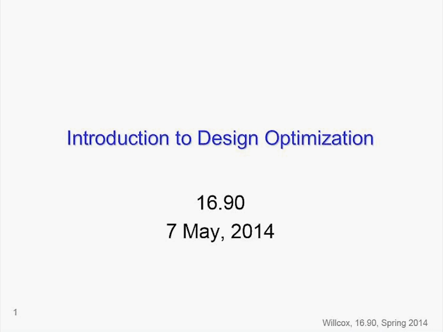And constraints are going to be things that we can't violate, so requirements on the design that cannot be violated. We will have design variables. And those are the quantities that we can change. Those are the things that as a designer we have to make decisions about. So design variables are what we can change or what we can control.